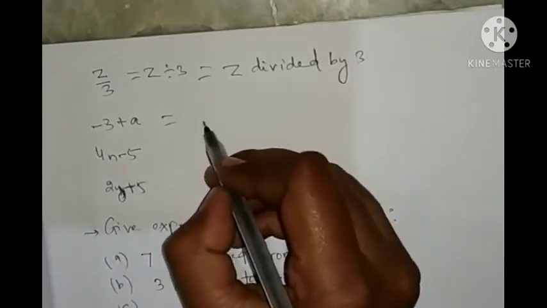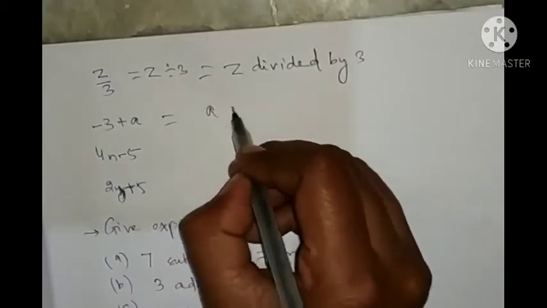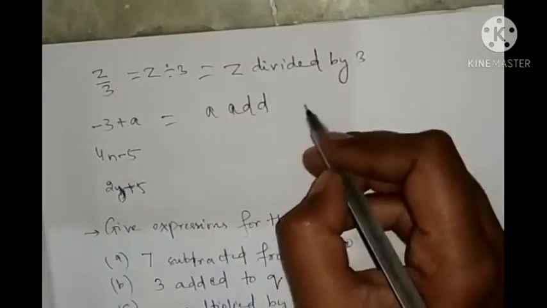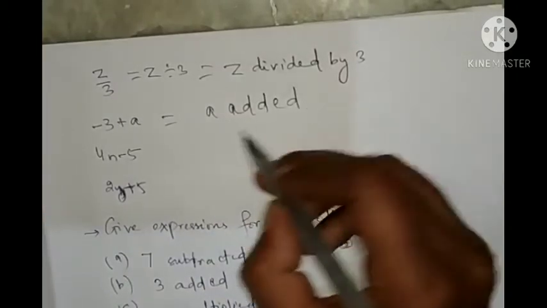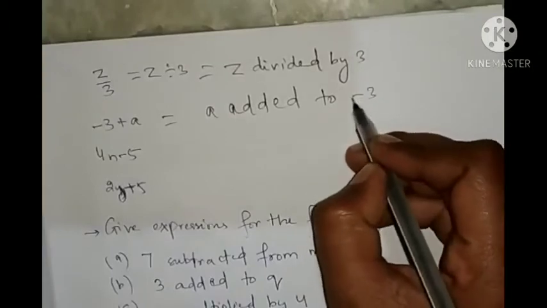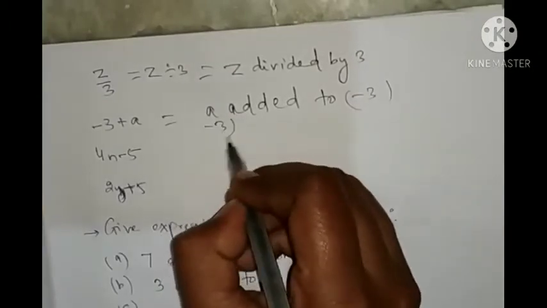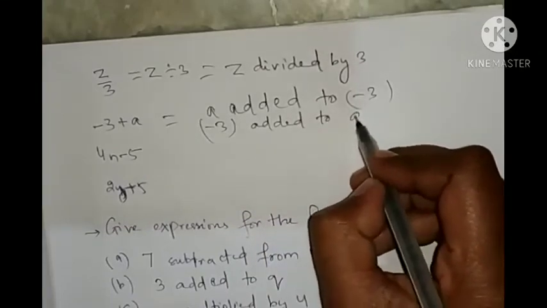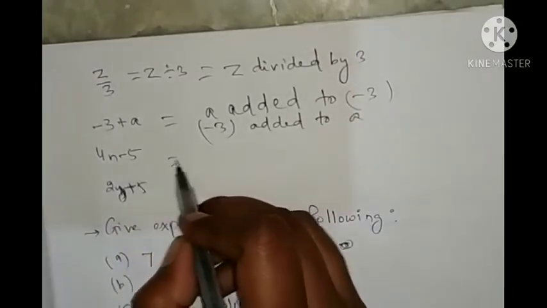Here you can say a is added to minus 3, or you can write that minus 3 is added to a. Next is 4 and minus 5.